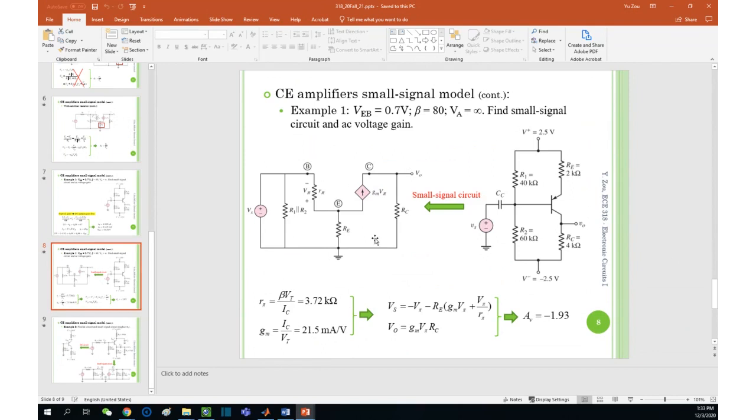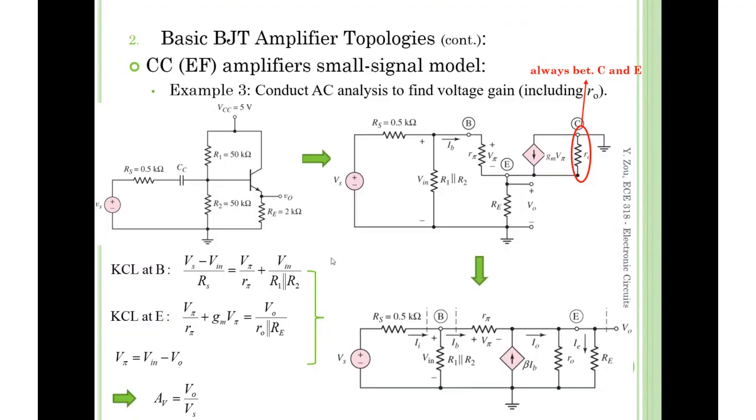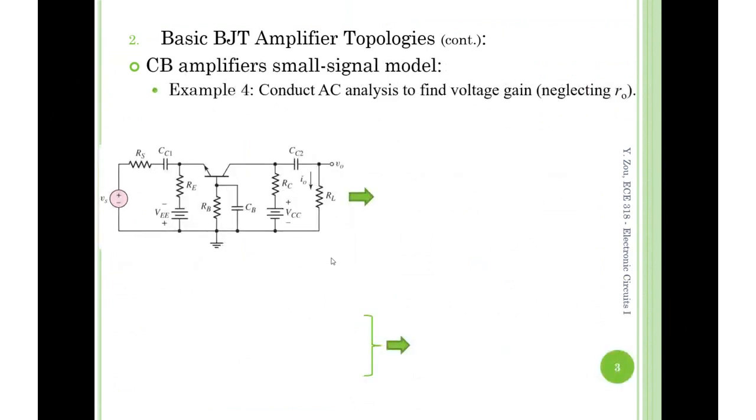All right. If this is good, let's move on. This one. Go ahead: circuit and equations. All right, let's see. First of all, the circuit.